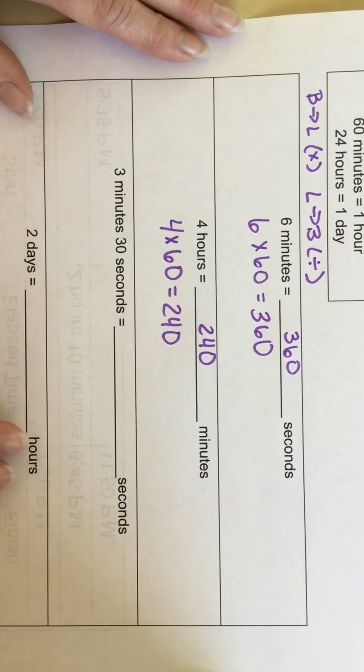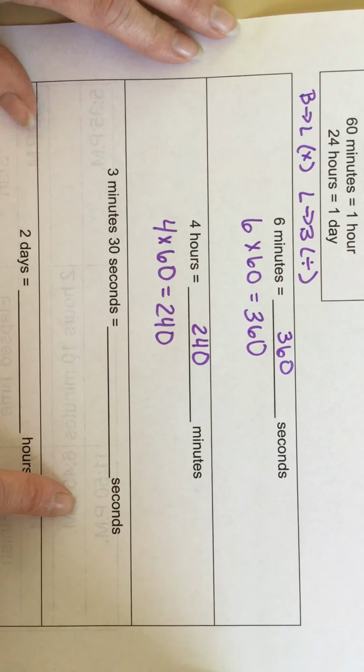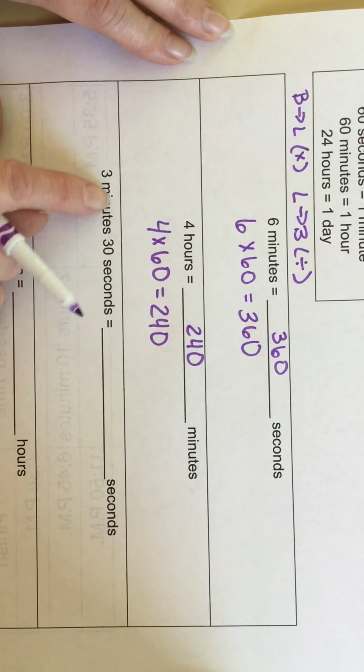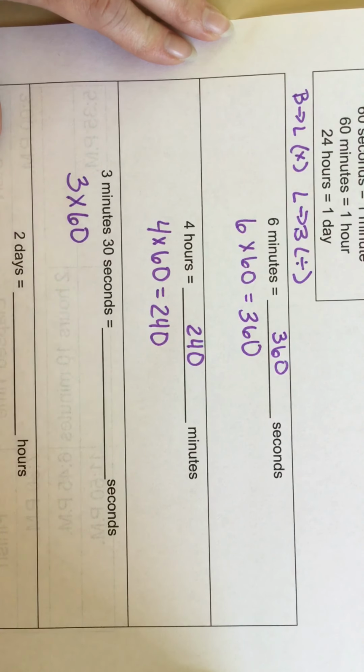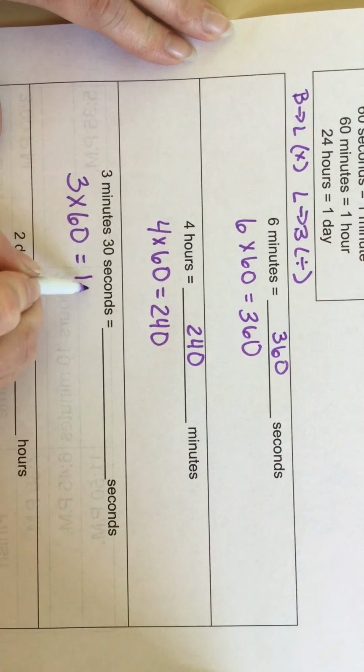Our next one is 3 minutes and 30 seconds, and I need to know how many seconds there are in all. So we don't have to worry about our 30 seconds right now, we just have to worry about our 3 minutes. So we're going to multiply 3 times 60, take your 0 off, and multiply 3 times 6, which is 18.